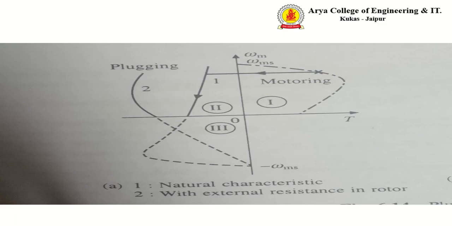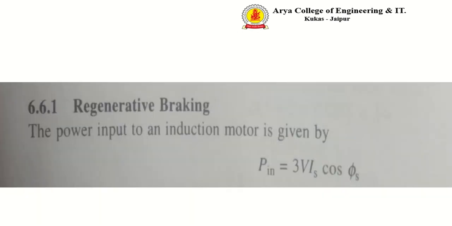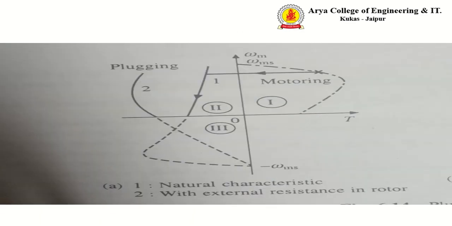The second method is reverse voltage braking, known as plugging. The phase sequence of the supply of the motor running at a speed is reversed by interchanging the connection of any two phases of the stator with respect to the supply terminal.